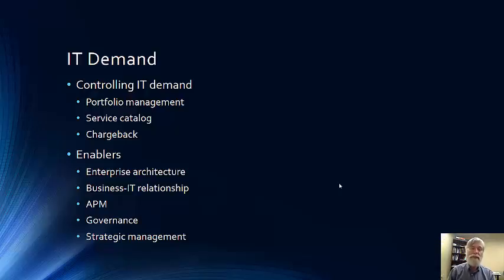Now, there are some enablers of controlling demand, and the authors bring out some nice things here, and you can go look in more detail. But having an enterprise architecture, how do things look, what can be added to our architecture, and so on, helps to control what is done. Controls the balance of the portfolio, we might say. Having good relationships between business and IT, we've talked about this many times in our other studies. We already mentioned the portfolio, application portfolio management, APM.